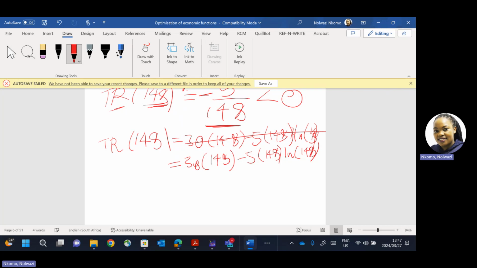If you punch this in your calculator, you should obtain 742. This is what you should obtain, right?